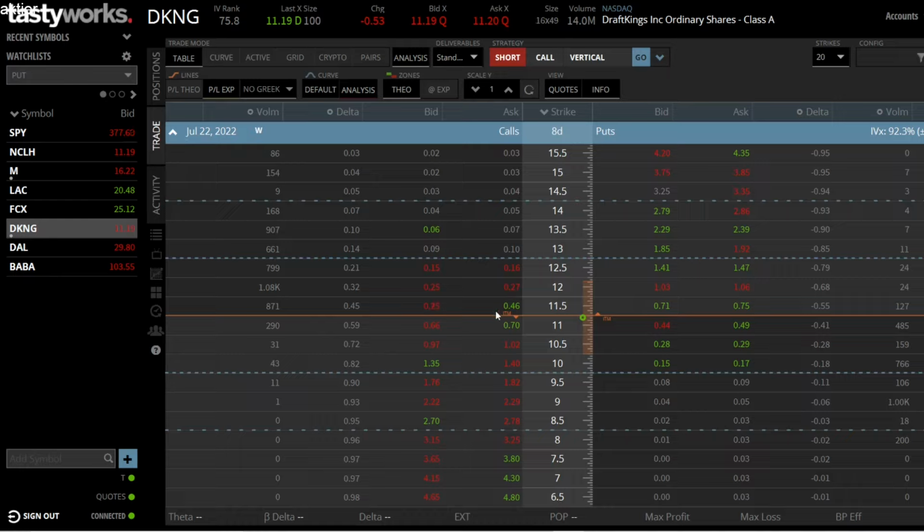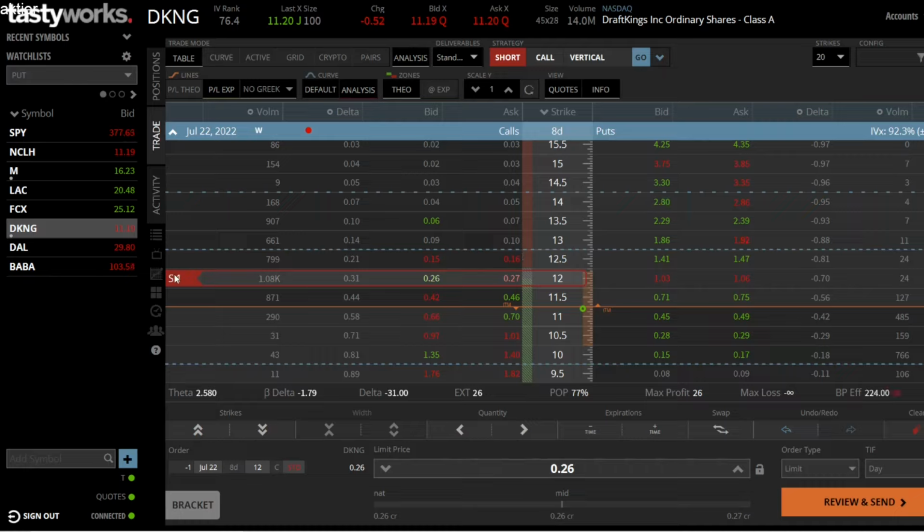Let's say we want to sell an option at the strike price of 12. That means we don't want the price to increase over 12 at the expiration time. So you just click here and you are selling one contract at this price.